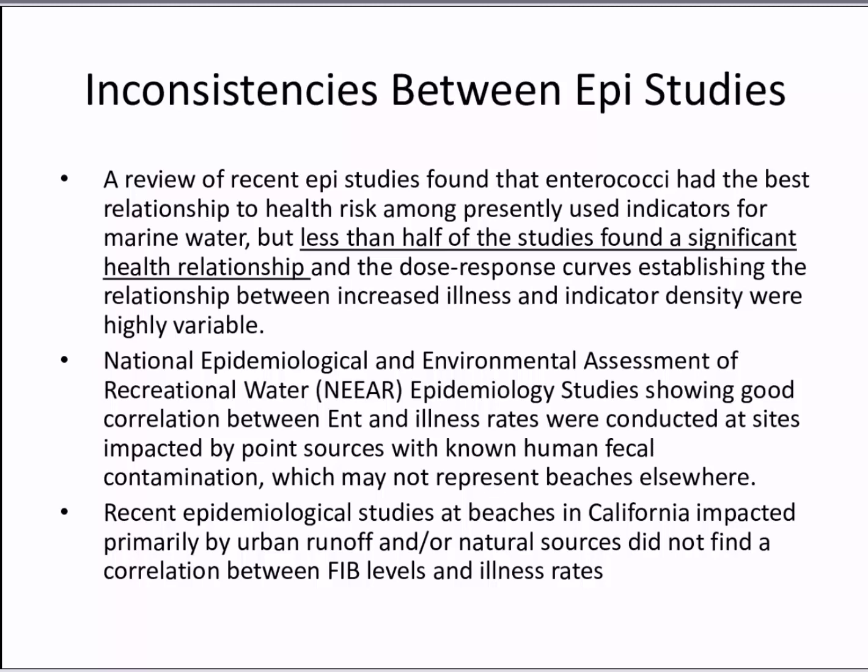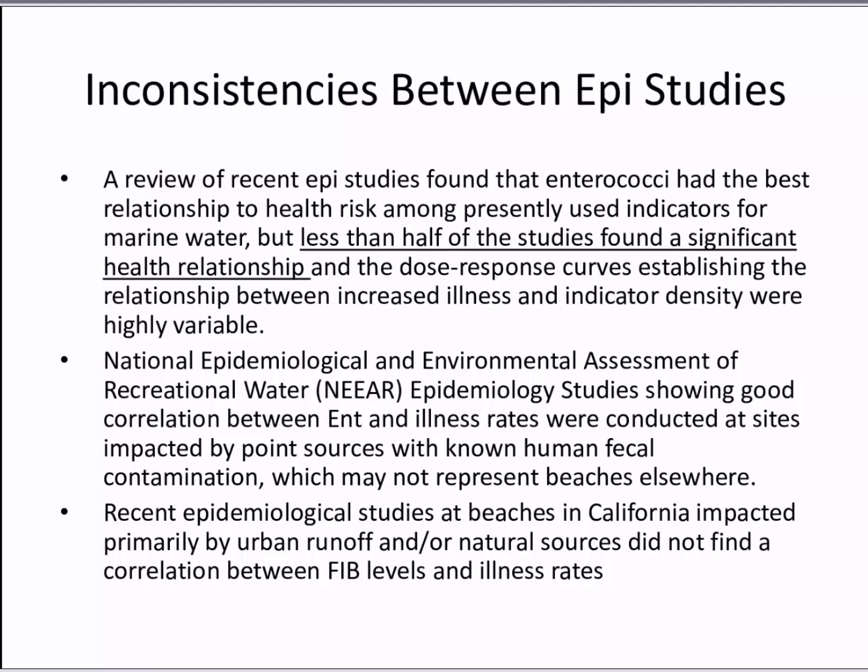Recently, the EPA conducted a near-epi study that showed good correlation between Enterococci and illness rates, but the sites that were studied were impacted by point sources like discharge from sewage treatment plants with known human fecal contamination and combined sewer overflows, which doesn't necessarily represent beaches elsewhere, like in California.